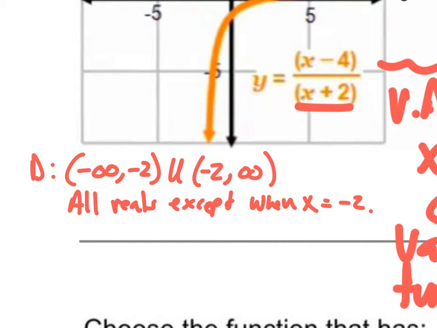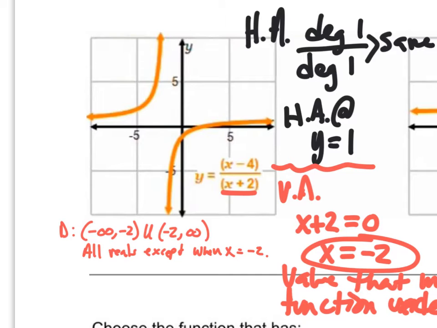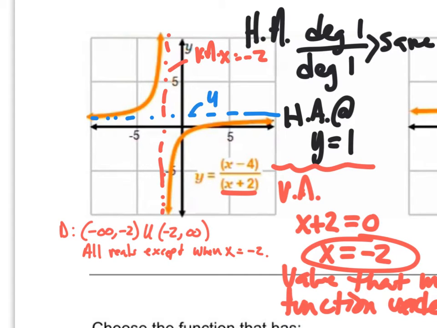Now for our range, we have to use the horizontal asymptote. The only value that doesn't work, that's not going to have a value, is 1. So this vertical asymptote is here, the line x equals negative 2, and my horizontal asymptote is here, the line y equals 1.